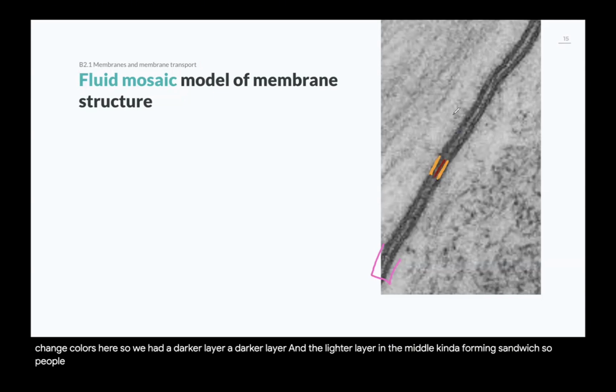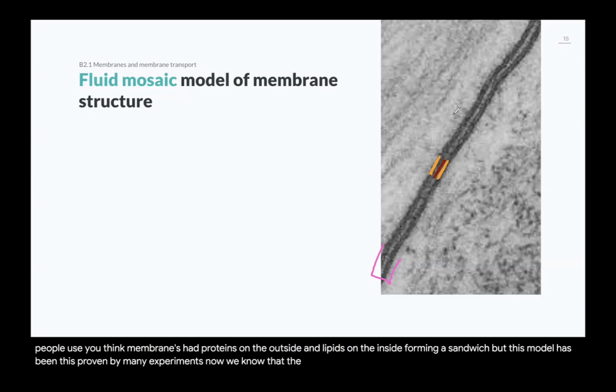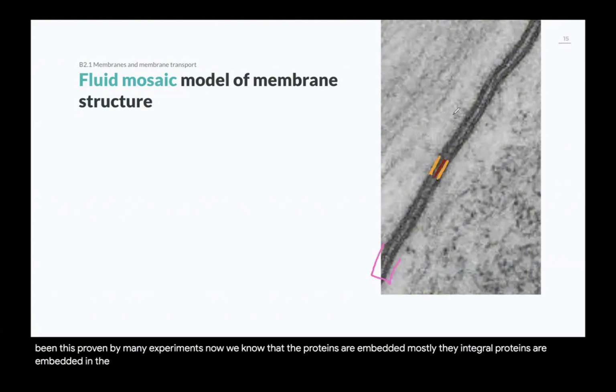So people used to think membranes had proteins on the outside and lipids on the inside, forming a sandwich, but this model has been disproven by many experiments. Now we know that the proteins are embedded, mostly the integral proteins are embedded in the membrane, forming a fluid mosaic.